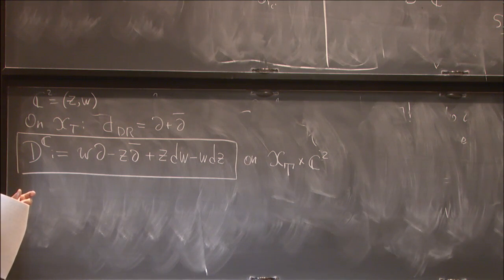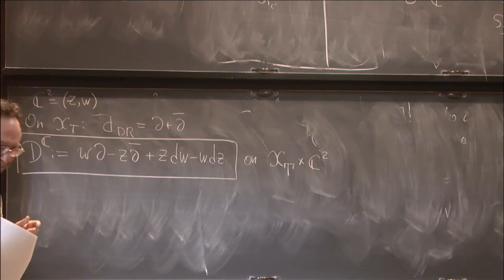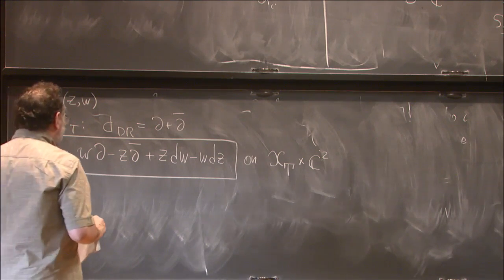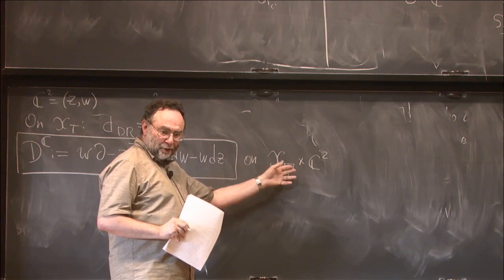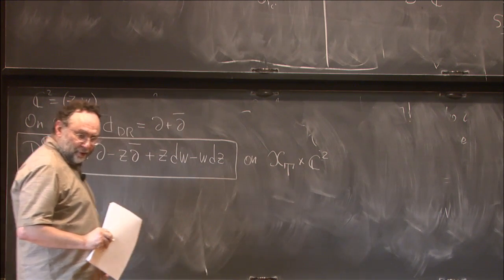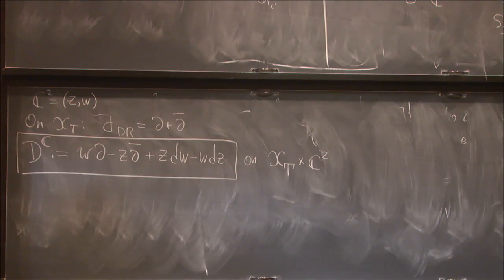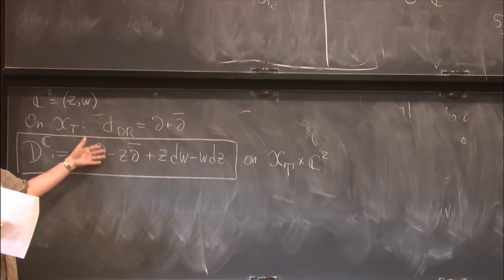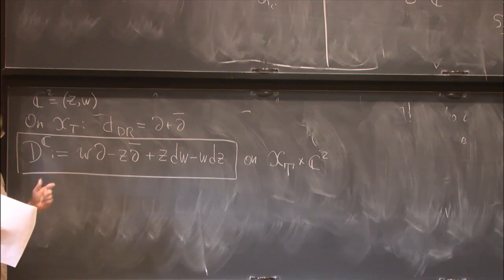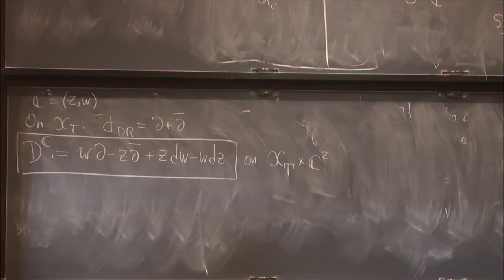It's a differential operator on xt cross C2. So you have z, w variables and also the d bar operator and d. A function is mapped to one forms. Yes, to one forms. But this twistor plane and d and w, they are mixed. Is that clear now? Okay.